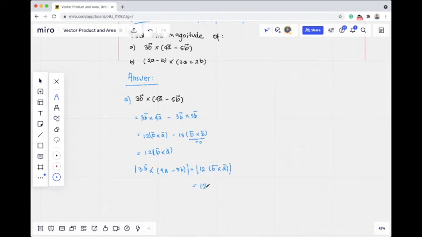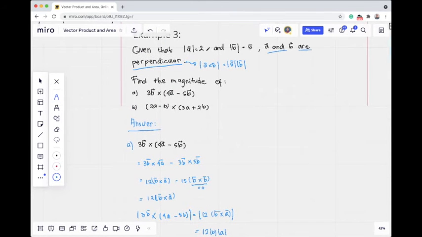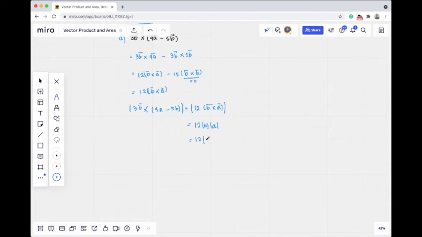Okay, so 12, we know b cross a is magnitude of b times magnitude of a, because it's already given that b and a are perpendicular, so sine 90 is 1, and it's just magnitude b times magnitude a. 12 times magnitude b, which is given as 5, and magnitude a is 2. So this is 120. Okay, clear?